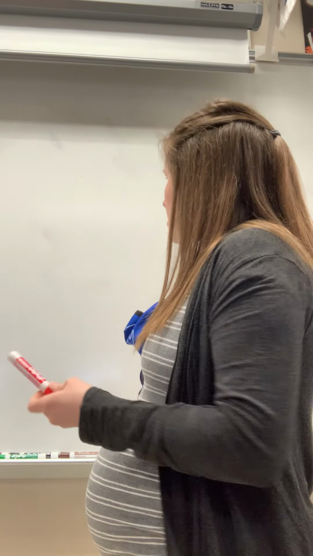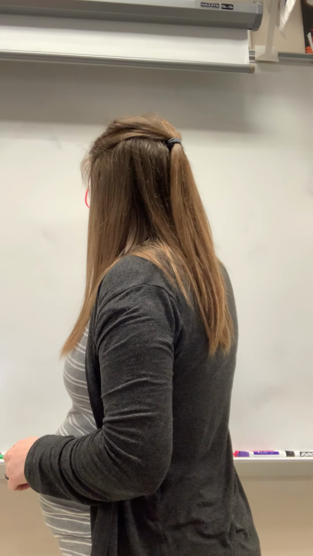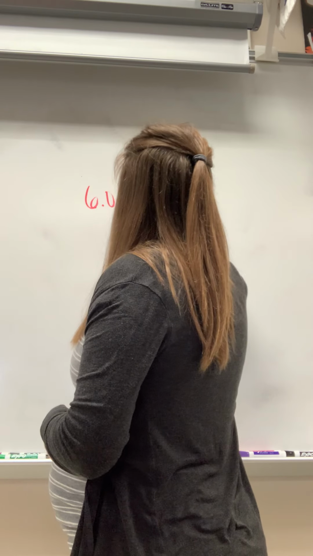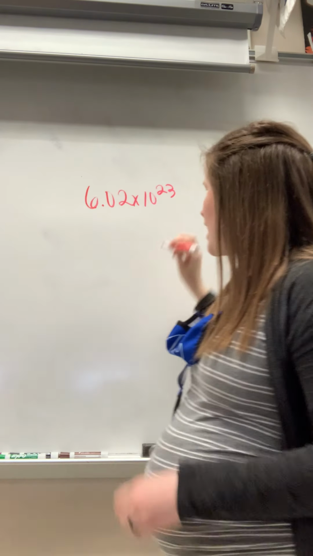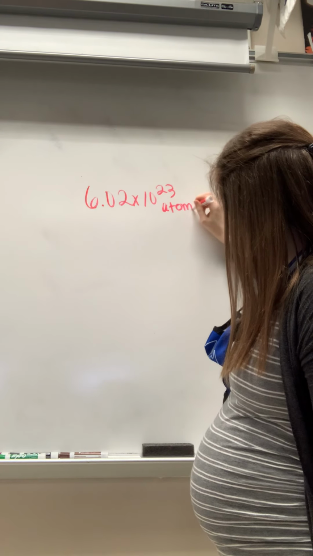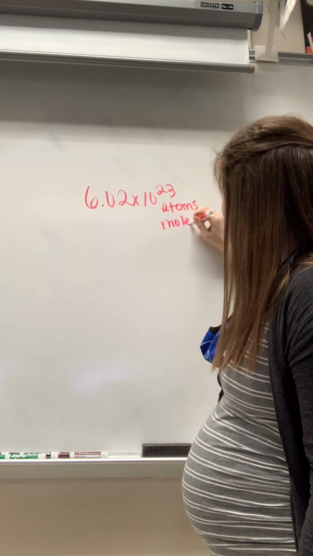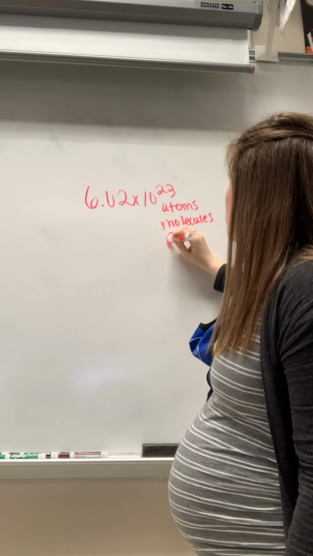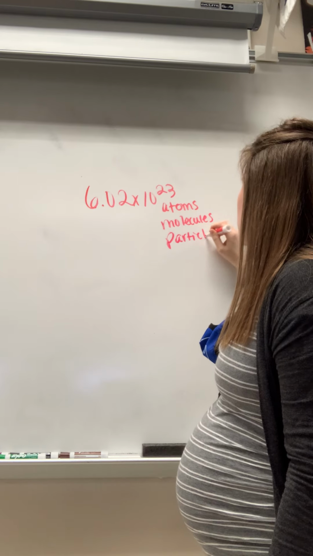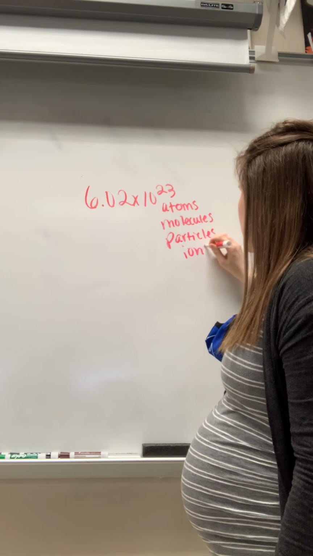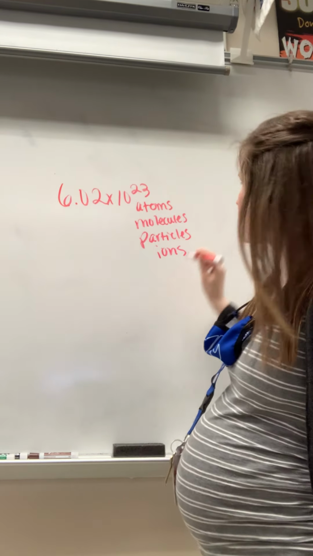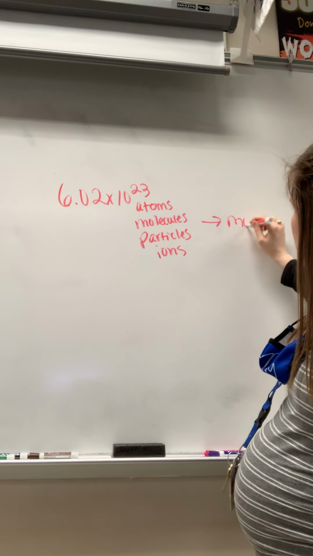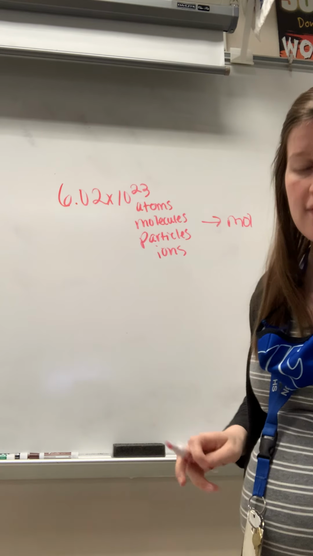Okay, Avogadro's number, which is 6.02 times 10 to the 23rd, and that could be atoms, molecules, particles, or ions, okay? Any of those keywords, and we want to go to moles, that means you need to use Avogadro's number.